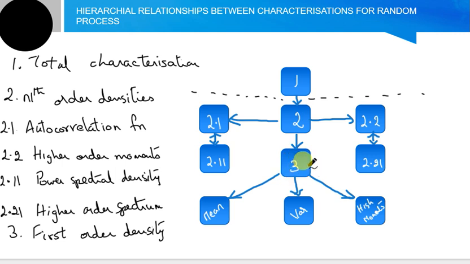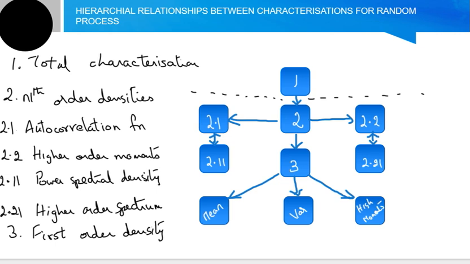Now, what are the contributing factors here? The first order densities are your mean, your variance, and then the higher order moments, which we will be finding in the next step. So this pictorial representation will give you the hierarchical relationship between the characterizations of the random process.